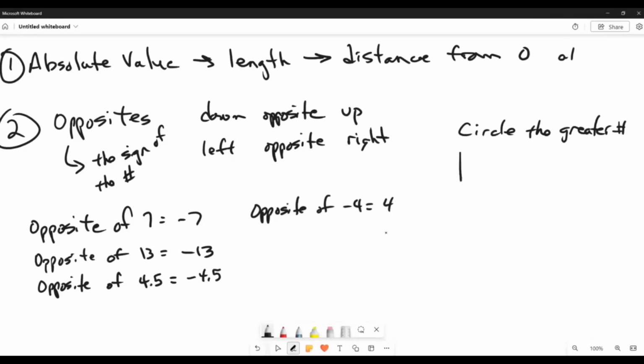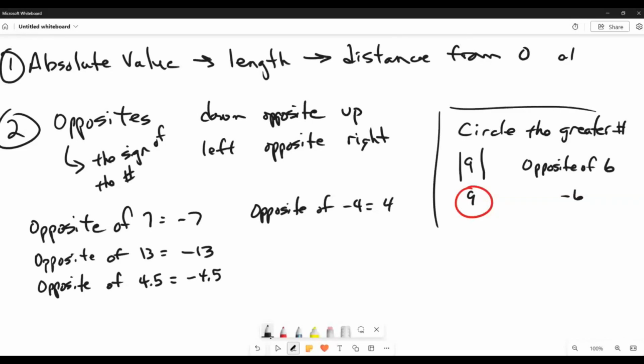So on the first one, we have absolute value of 9 and the opposite of 6. Well, the absolute value of 9 is 9. The opposite of 6 is -6. So 9 is the bigger. That was in that first block.